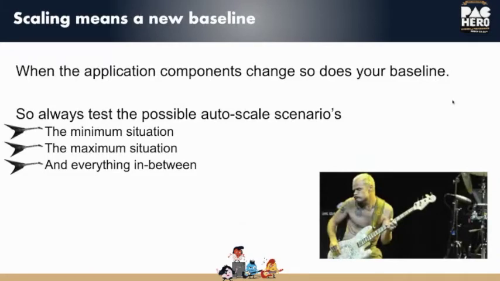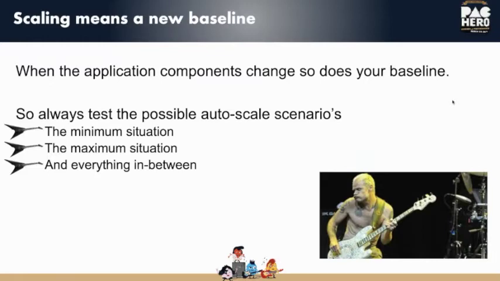When we do autoscaling, we are changing components in our infrastructure. And by changing infrastructure or components, so does the baseline of your performance. Right? If you have one front-end server, an application server, and a database server, you have a certain amount of performance capacity to serve to your clients.